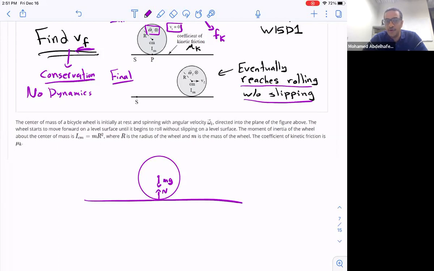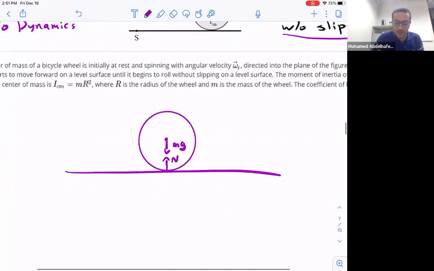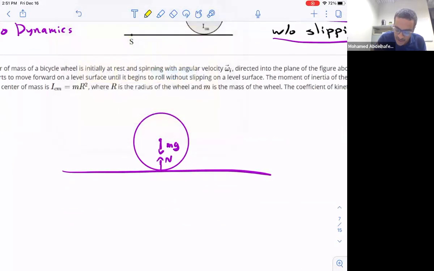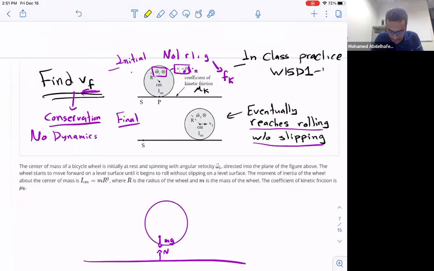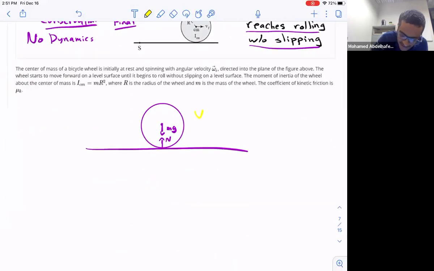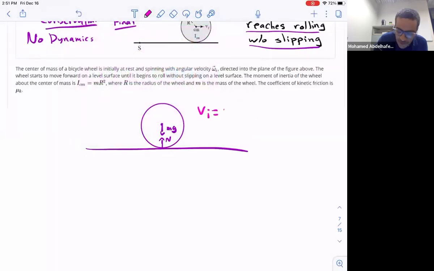Still kinetic. So let's look at what happens initially so that we know what direction the kinetic friction has. Initially, V initial is 0, the translation: it was not moving initially, but it had an omega.